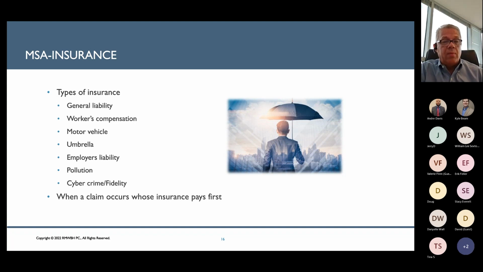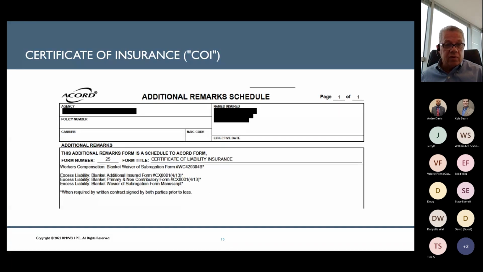There's a bullet point here: when a claim occurs, whose insurance pays first? Another piece of language we look for on that certificate of insurance is to make sure that it states that the vendor's insurance is primary and the association's insurance is non-contributory.